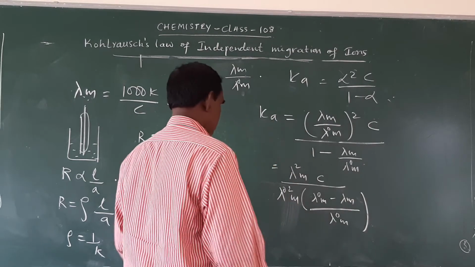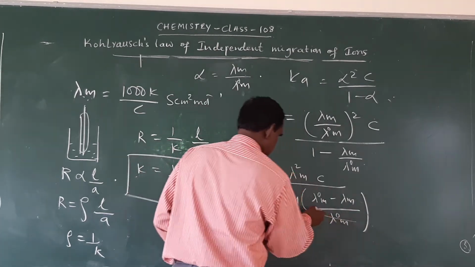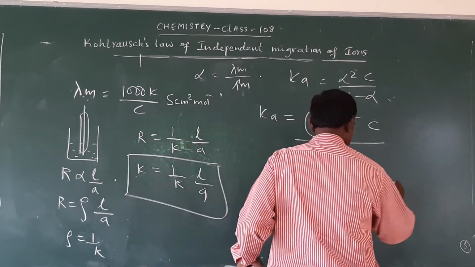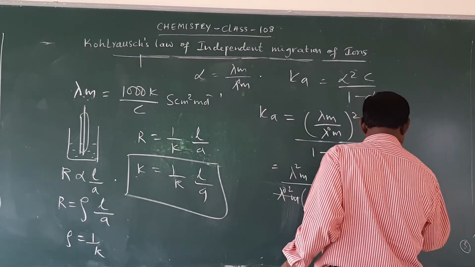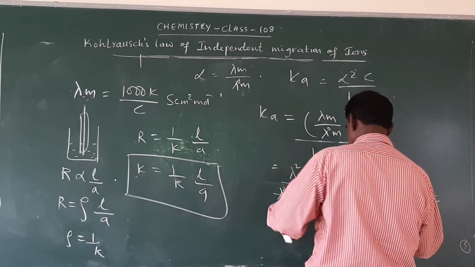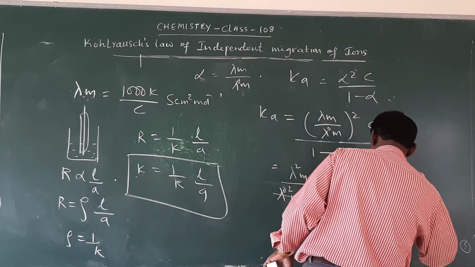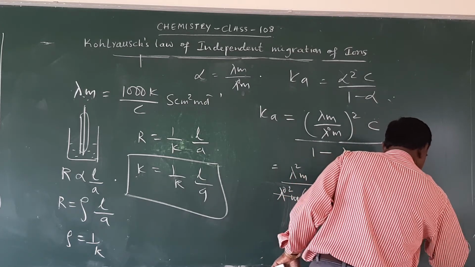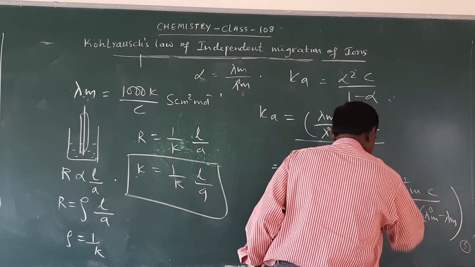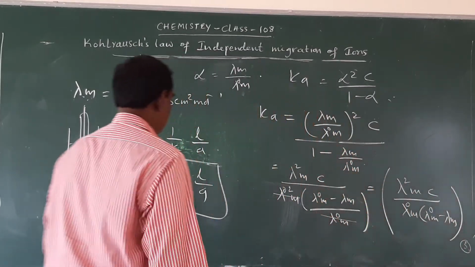One factor cancels, and you will be getting lambda square m into C divided by lambda naught m into lambda naught m minus lambda m. So this is the equation we are going to get.